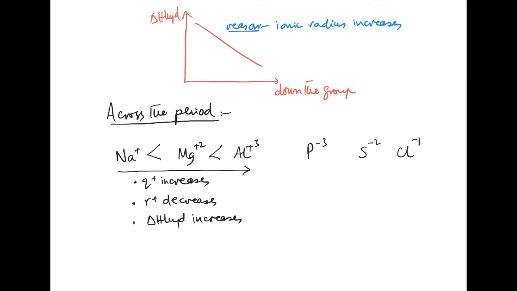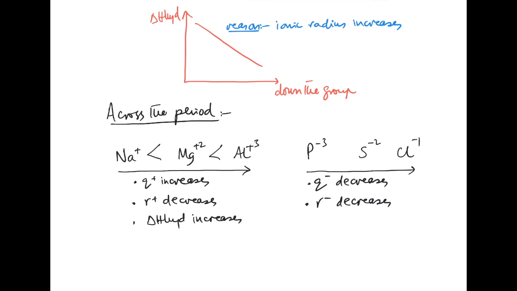Whereas in non-metal ions, can you see that the charge decreases, and the ionic radius again decreases. But now these two factors contradict each other on whether enthalpy of hydration should increase or decrease, because according to charge it should decrease, but according to radius it should increase.